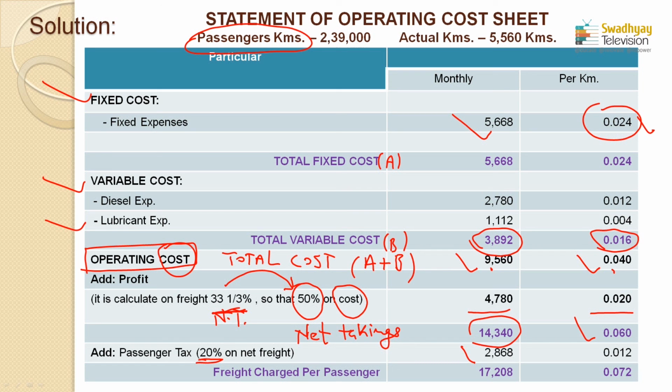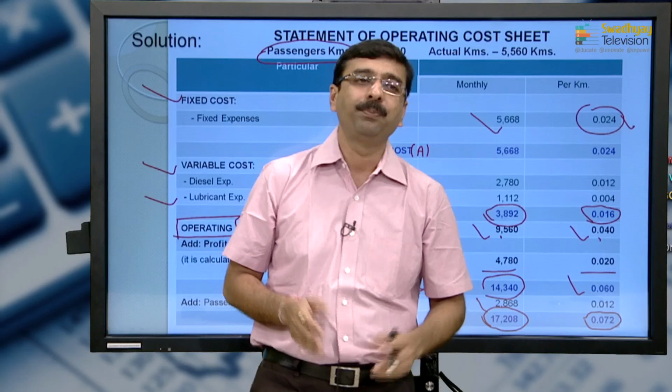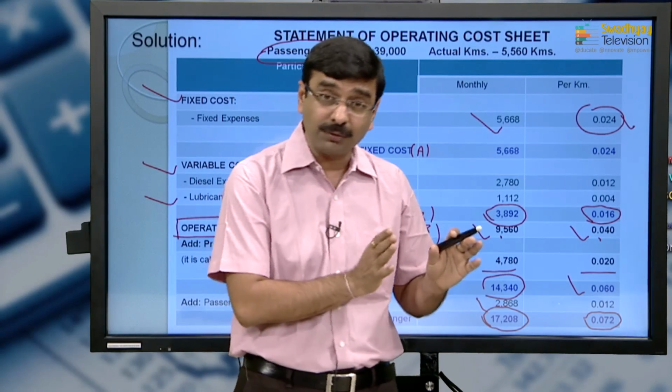So 0.060 divided by 5, your answer would be 0.012, which is the passenger tax. After you add the passenger tax in net takings, your total amount of freight charged from the passenger is 17,208 and the per passenger kilometer is 0.072. This is what the first part of your answer is all about.